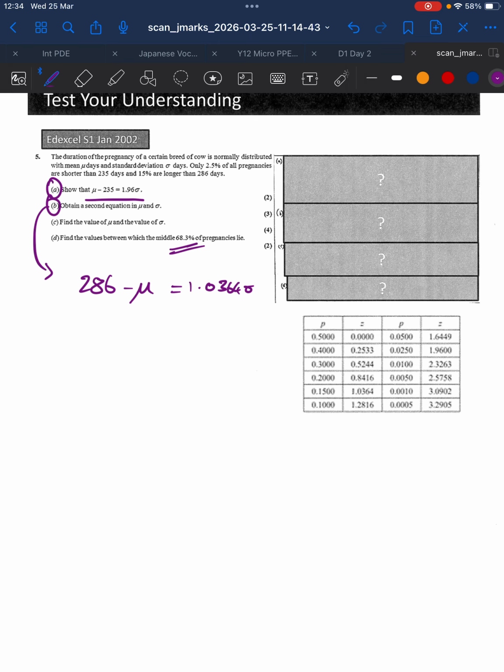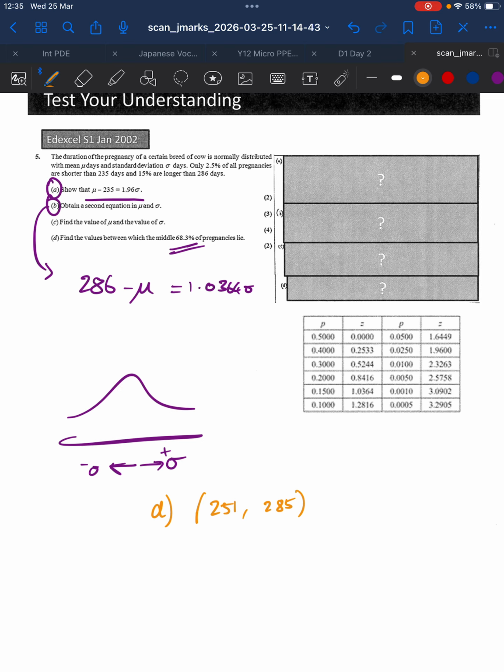You can tell it's old spec because do you see the mention here of 68.3%? That's the idea of being one standard deviation above and one below, okay? So for D, you'd find the mean, add on and subtract a standard deviation. So for D, the answer should be 251 and 285, okay? It's that interval. Okay, there we go.